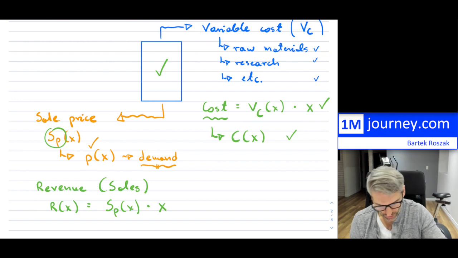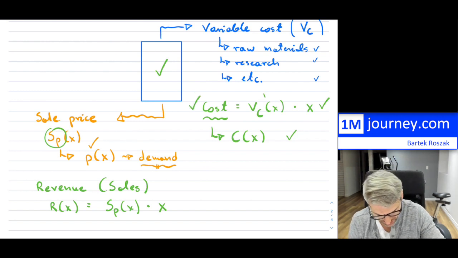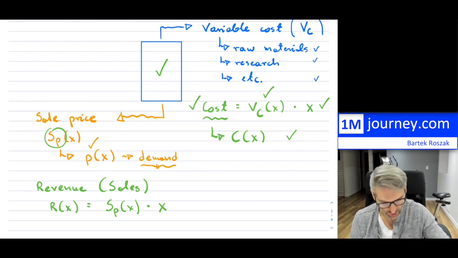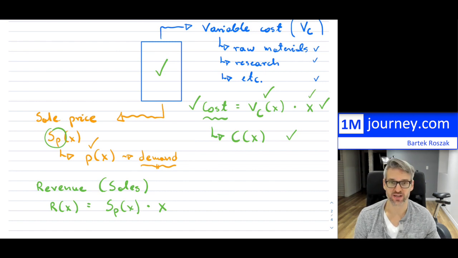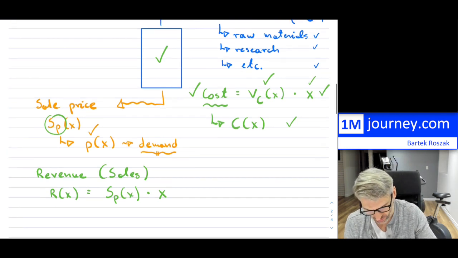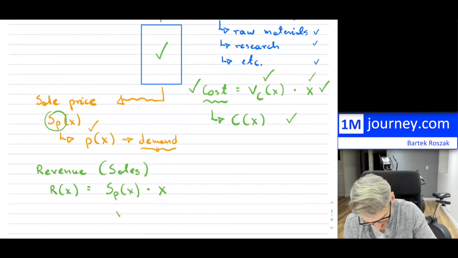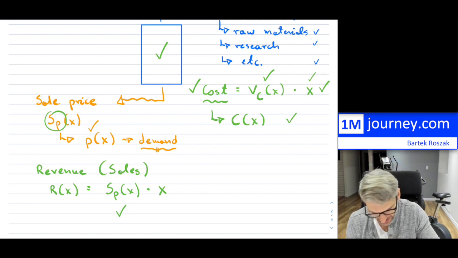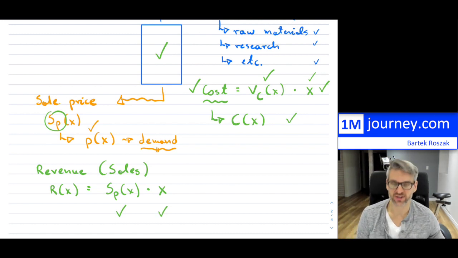So, notice the cost is how much does it cost per one phone multiplied by the number of phones that you sell? And then the revenue or sales is how much does it cost per one phone? And then how many phones did you actually sell? So that shouldn't be anything crazy.